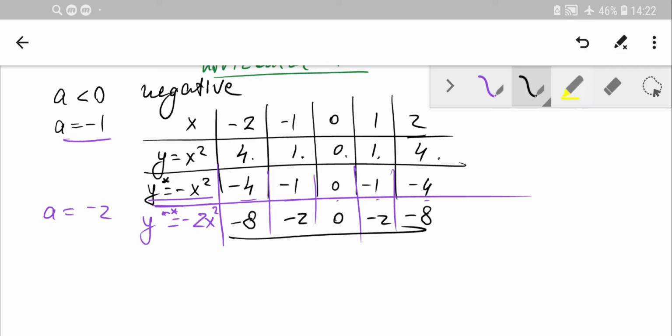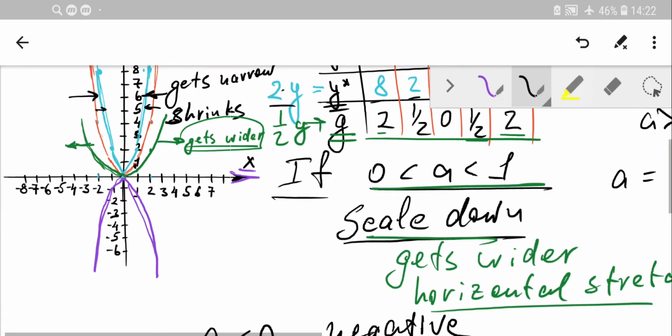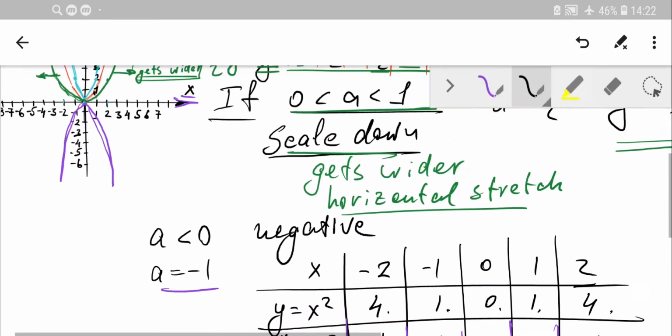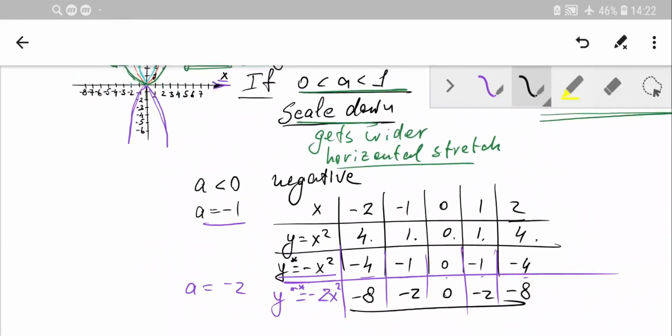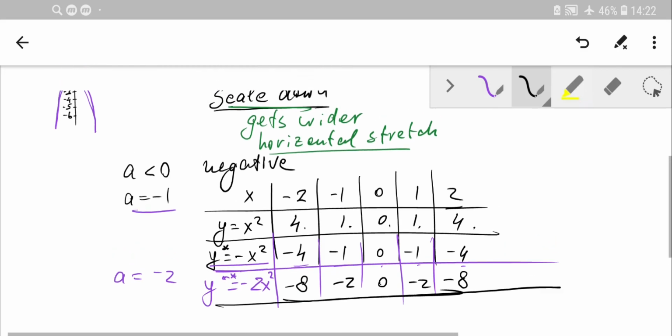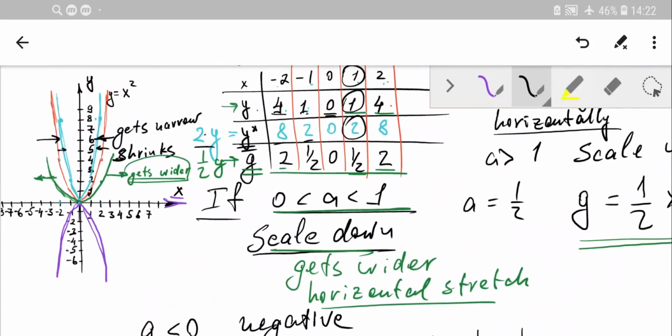So obviously the branches will be downwards in comparison with the previous case when we have the normal basic parabola, where the branch is upwards. Now it's flipped because it's reflected along the x-axis, and now your values get 2 times higher, however negative. So that's again from transformation theory.